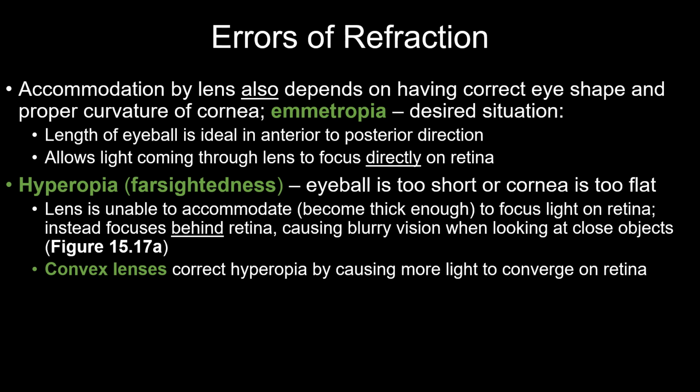In a hyperopic individual, an individual that is farsighted, the eyeball is actually too short anterior to posterior, and so the cornea may be too flat, and the lens cannot round up enough to adequately bend the light, and so the image actually focuses behind the retina, and that causes blurry images when you're viewing something up close.